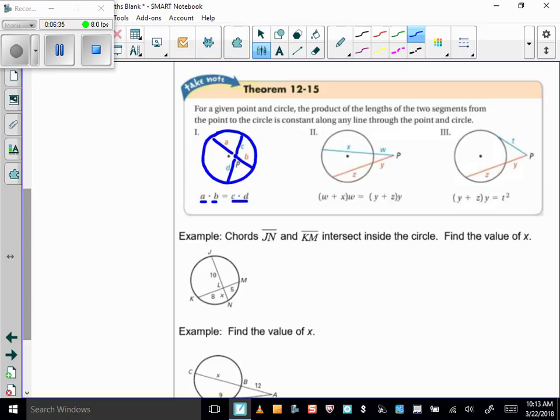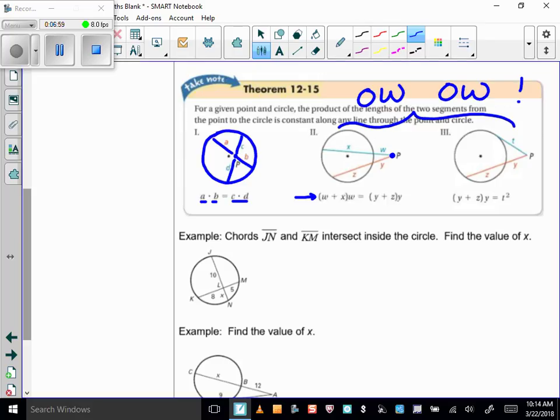Now, in the next 2 cases, we have the lines or segments intersecting outside the circle. You can look at this theorem and equation, but the way I like to remember these two cases is to just think of this: ow, ow. Pretend like it hurts.